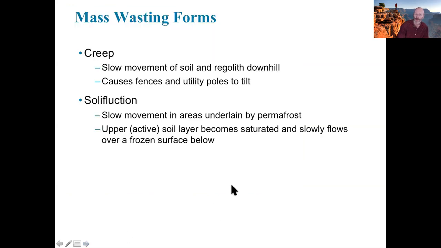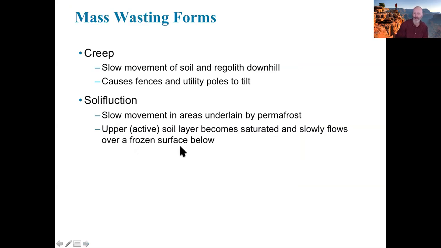Then some of our slower movements are called creeps and solifluxions. Say that 3 times fast, solifluxions. This also is when we have water saturating things, but there's a frozen surface underneath.